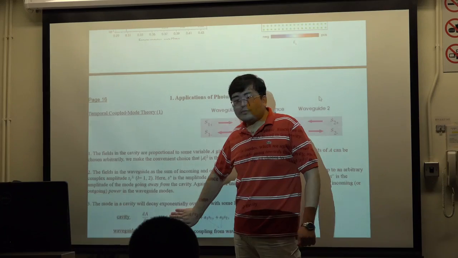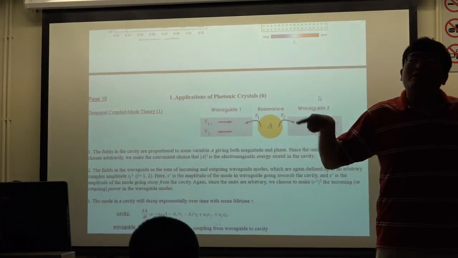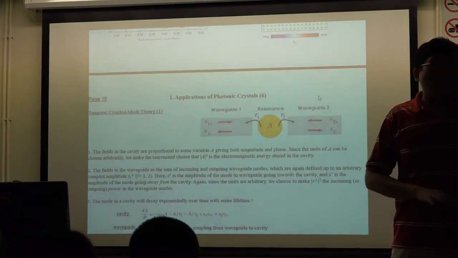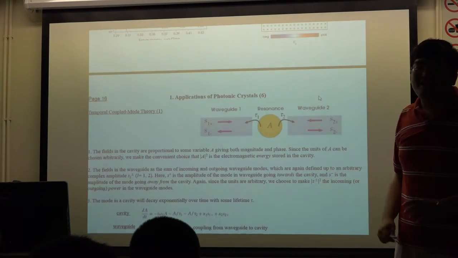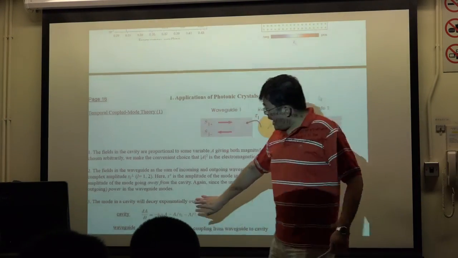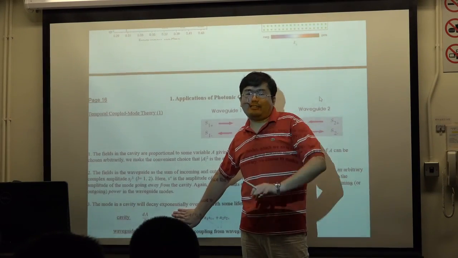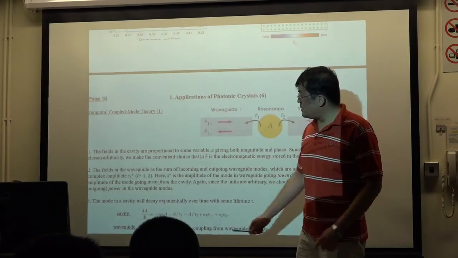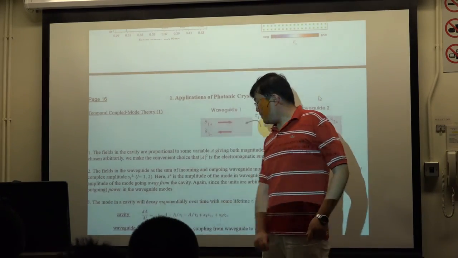How about this solution? Just exp of minus i omega 0 t, right? That means the field will oscillate like a sine or cosine wave. This is for the ideal resonant case, where we do not couple anything. This is the physical meaning of the first term: oscillation as a sine or cosine wave.